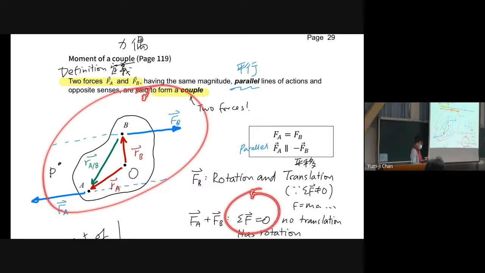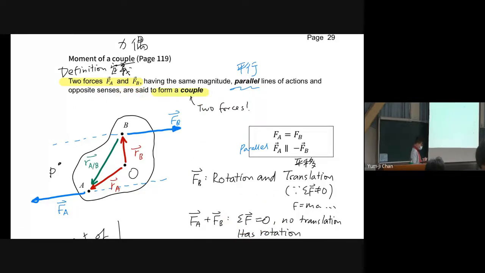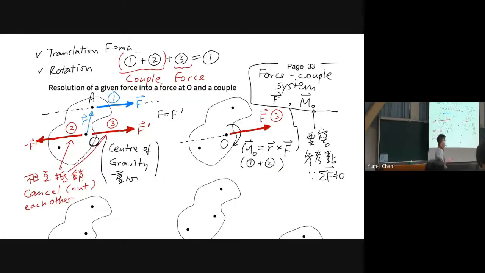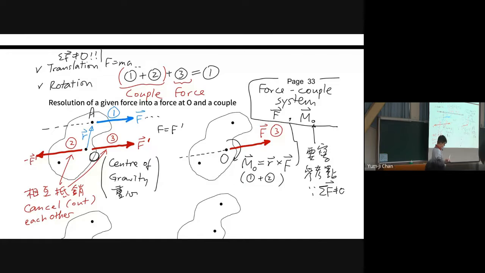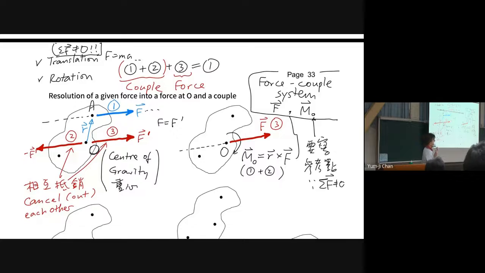But for a force couple system, the summation of forces, summation F, does not equal 0. In couples, if we talk about only one couple, summation F equals 0. But now the summation of forces does not equal 0.